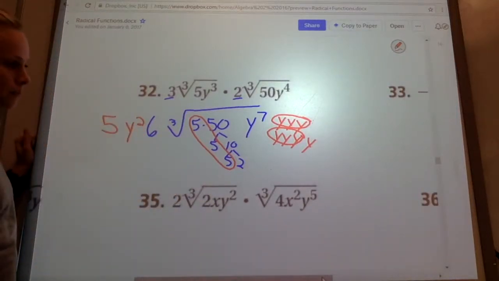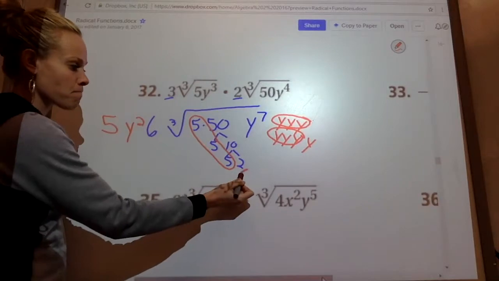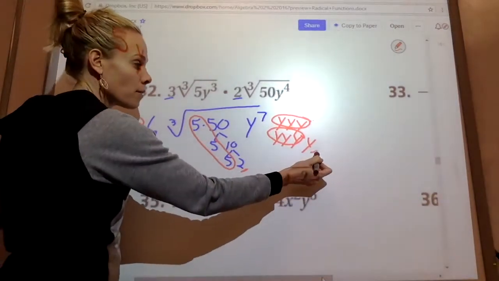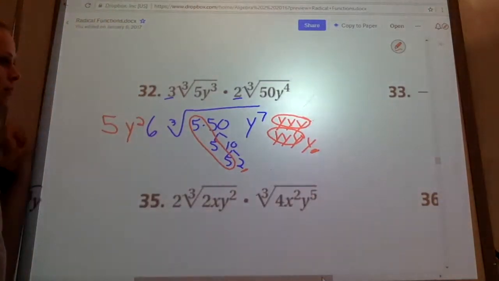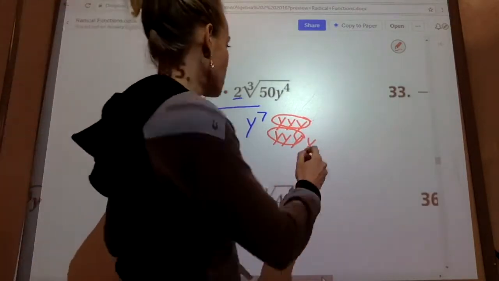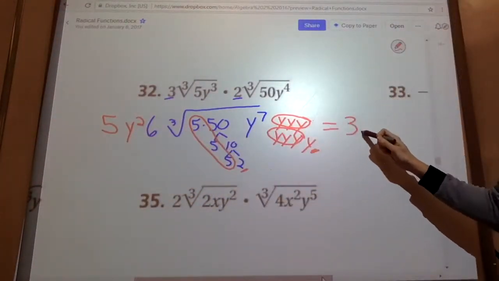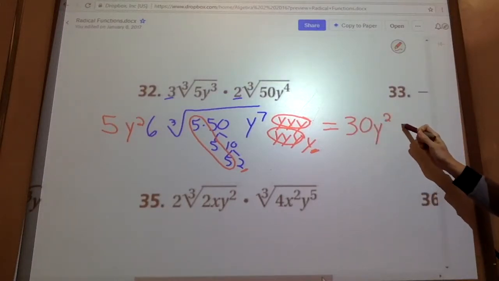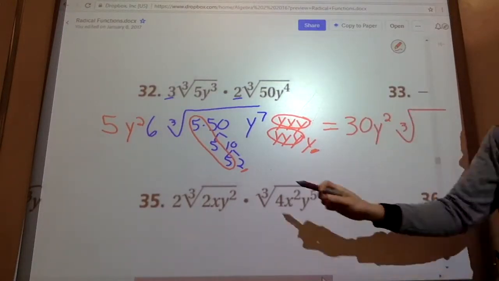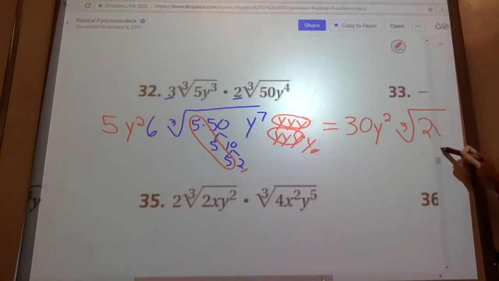What's left? The 2 and the y. So my answer then is 5 times 6 is 30, so 30y squared, cube root of 2y, what I didn't circle.